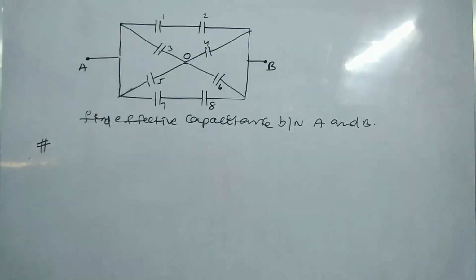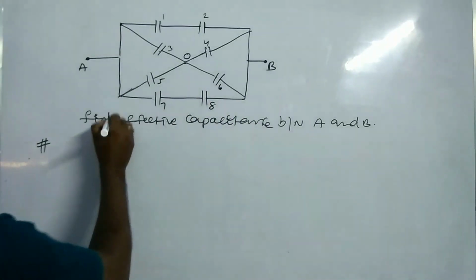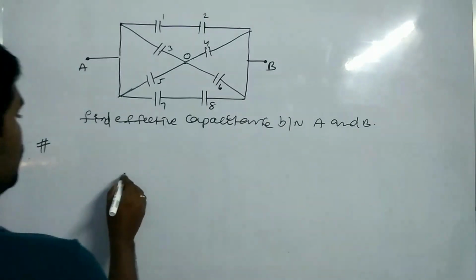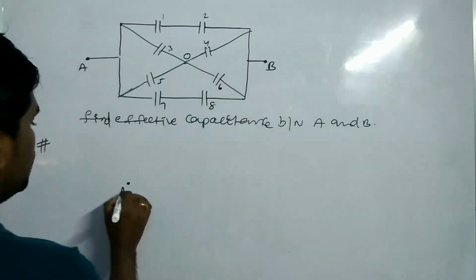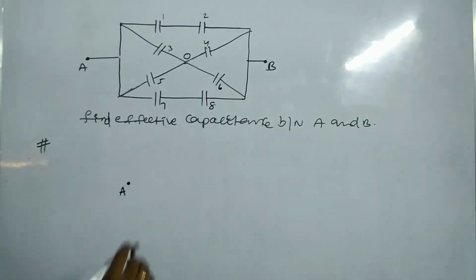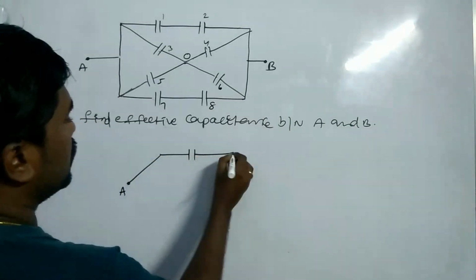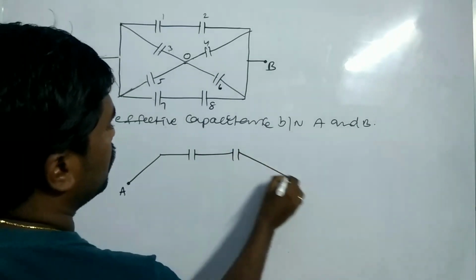So here we have to write the redrawn diagram, with the point A. Here there are two capacitors at first, right?